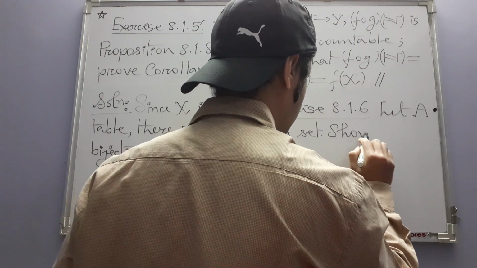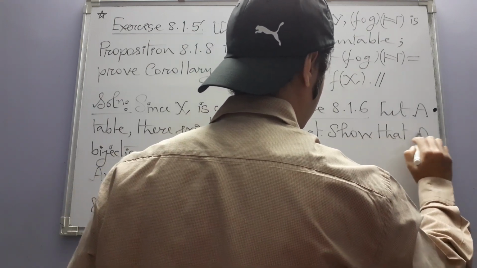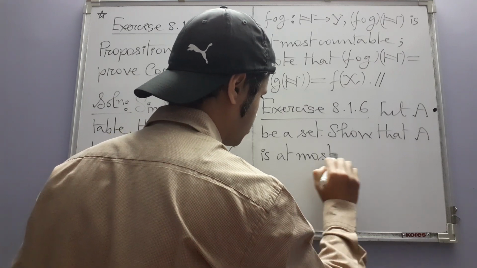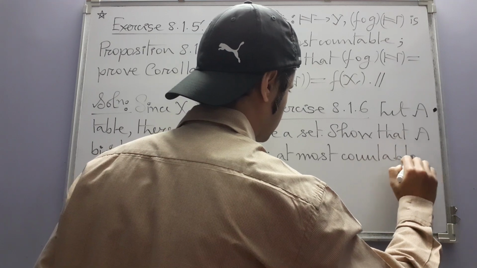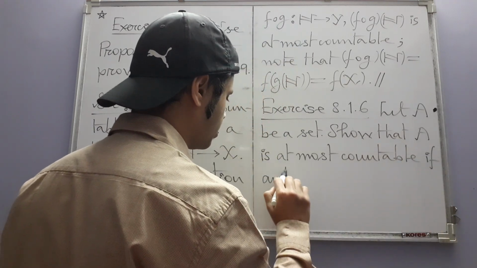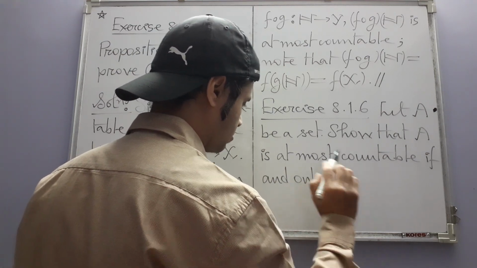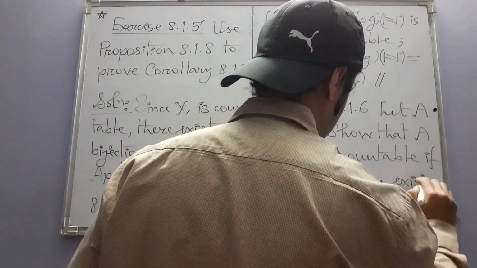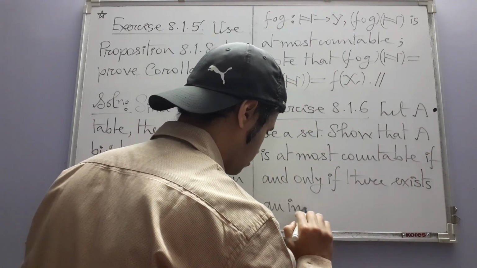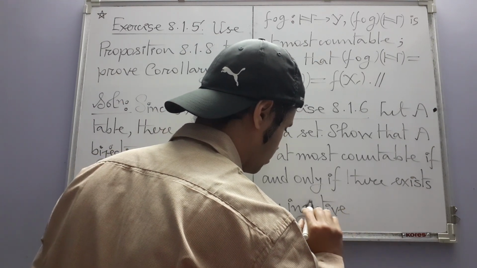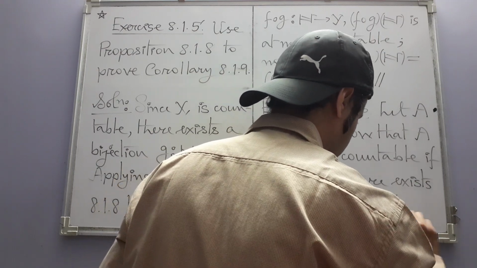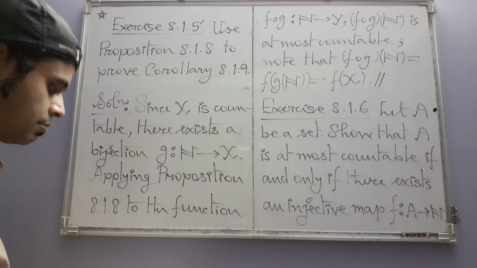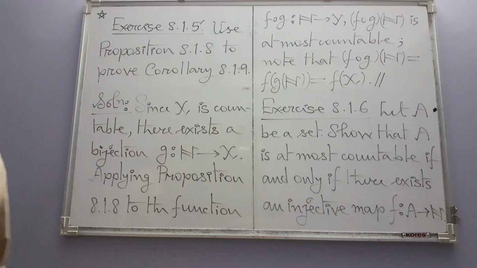Show that A is at most countable if and only if there exists an injective map f from A into N. From A into N, again the author has written, but it's understood, from A into N.